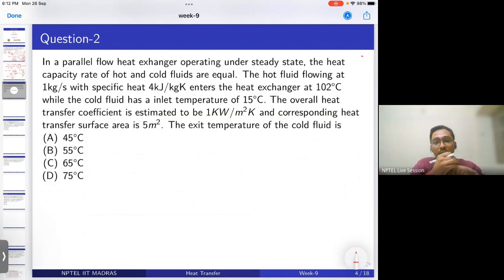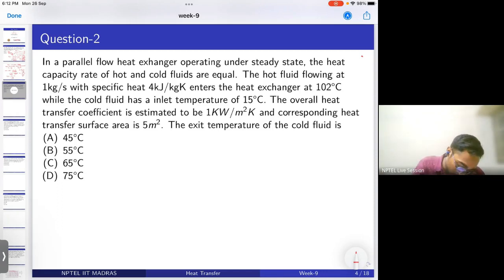The hot fluid is flowing at 1 kilogram per second with a specific heat also given, enters the heat exchanger at 102 degrees Celsius, while the cold fluid has an inlet temperature of 15 degrees Celsius. The overall heat transfer coefficient is given, and the corresponding heat transfer area is also given. So we need to find out the exit temperature of the cold fluid.